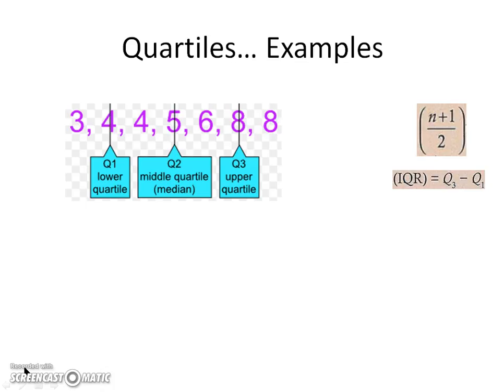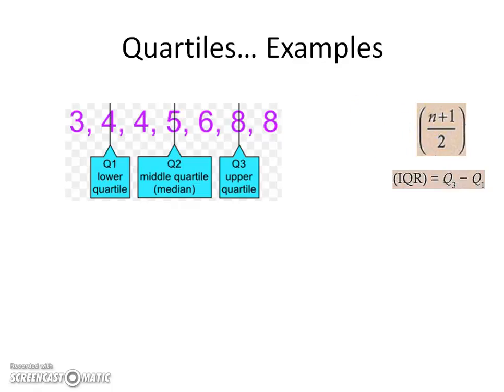The first one, I have 3, 4, 4, 5, 6, 8, 8. So I have a total of 1, 2, 3, 4, 5, 6, 7 samples here. If I use the formula, my n will be 7. 7 plus 1 over 2 gives me 4.